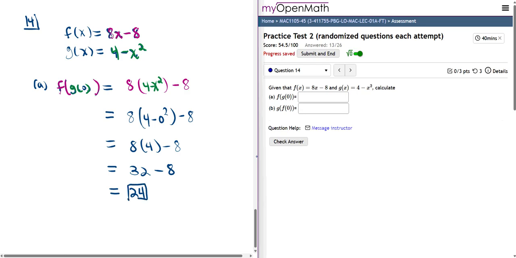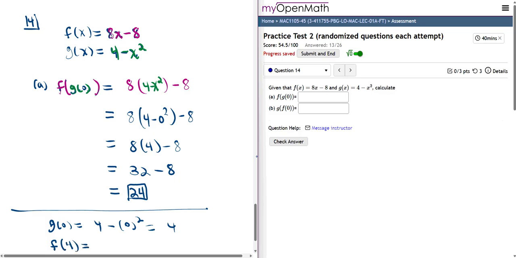Now, another way you can do it is you can start with g of 0 and just take your function and get that it's 4, and then come to your second function, your f function, and just plug in 4.